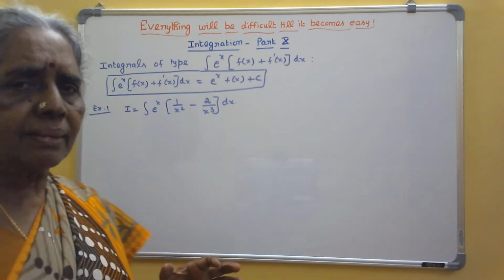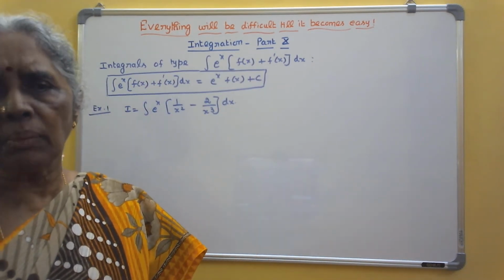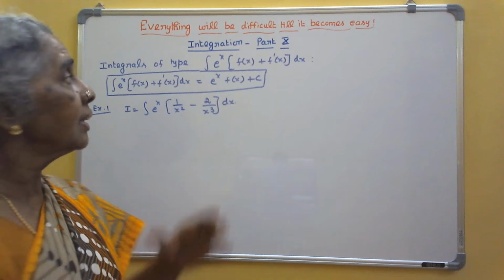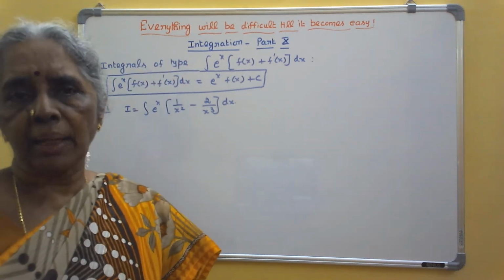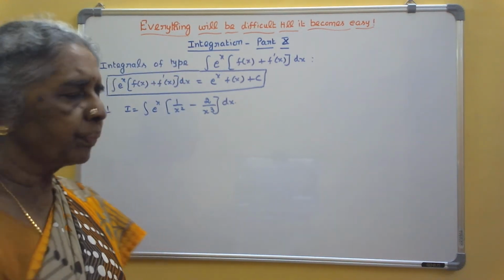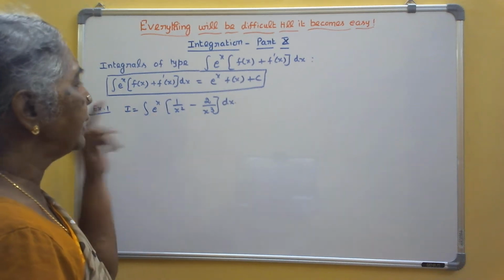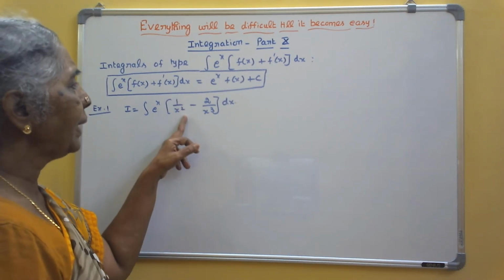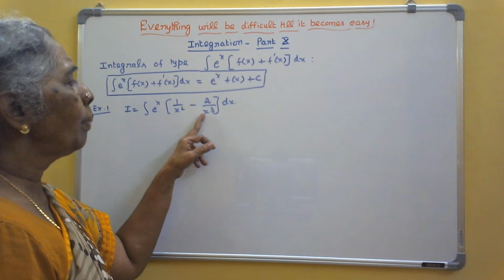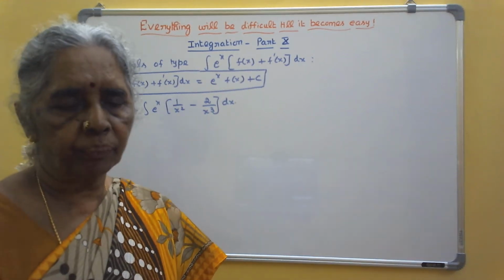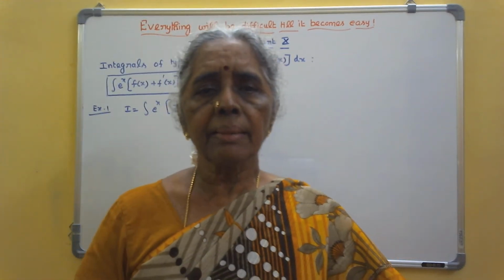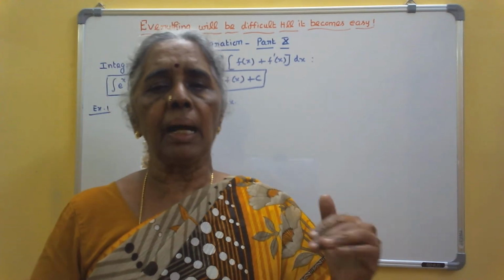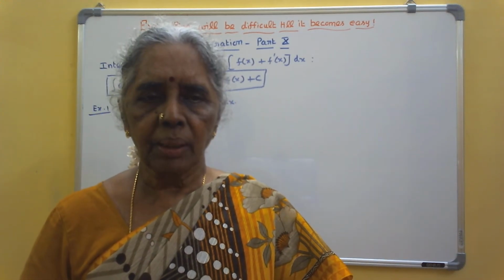Now, let us see one very straight sum first, which is of this particular type, this model. I is equal to integral e power x into 1 by x squared minus 2 by x cube dx. Now, this particular sum can be asked in an MCQ.